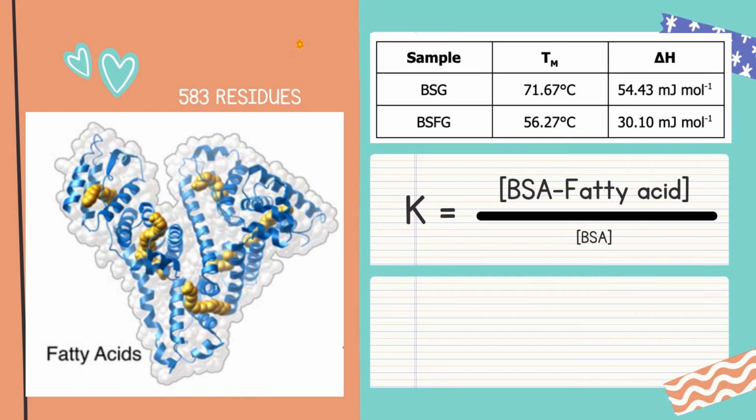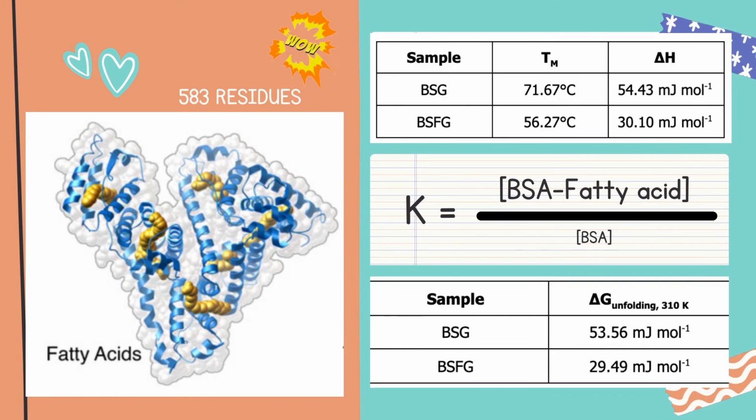Therefore, we can conclude that the stability of the BSA fatty acid complex is mostly due to the rearrangement of the protein's residues. A similar observation is made when we calculate for delta G at 37 degrees Celsius. With the more positive free energy of unfolding, BSG is more stable than BSFG inside the organism.